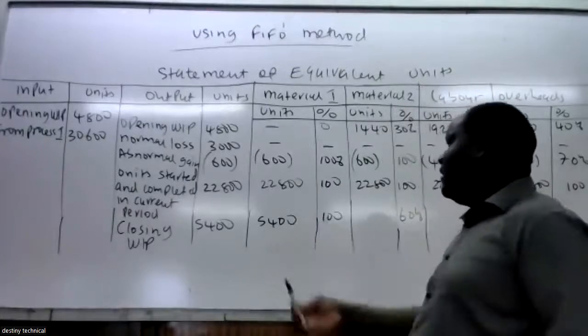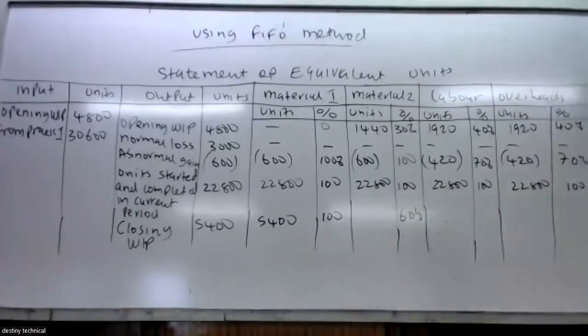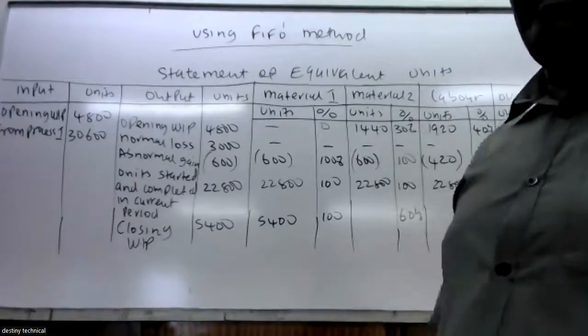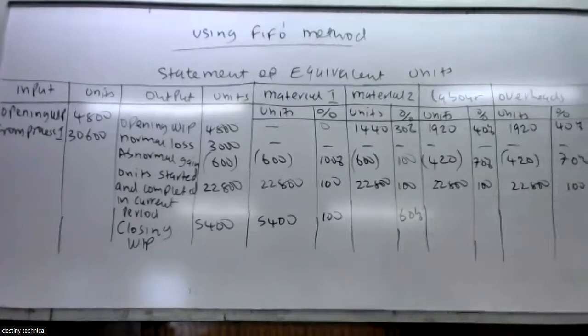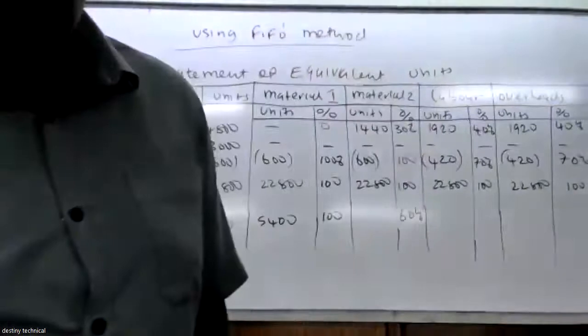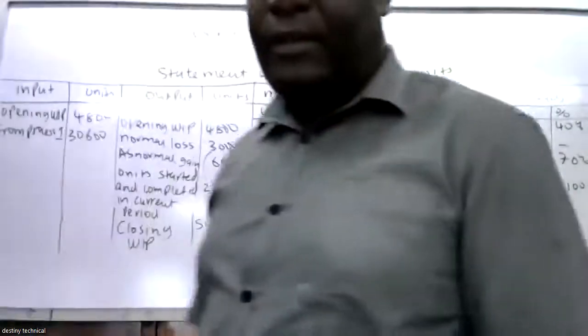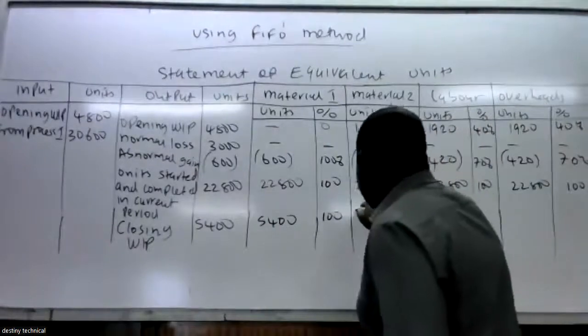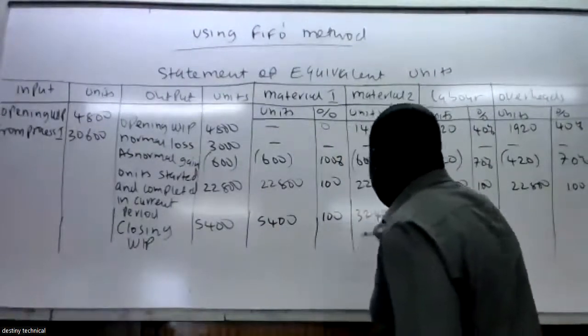Get 60% of 5,400 and see which figure it gives us. What is 60% of 5,400? It is 3,240.